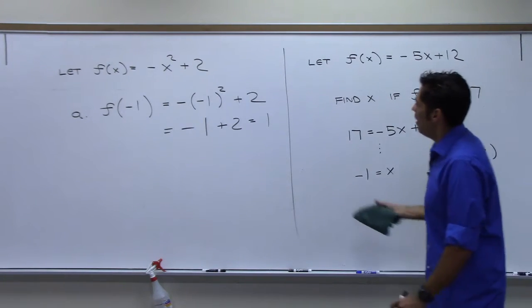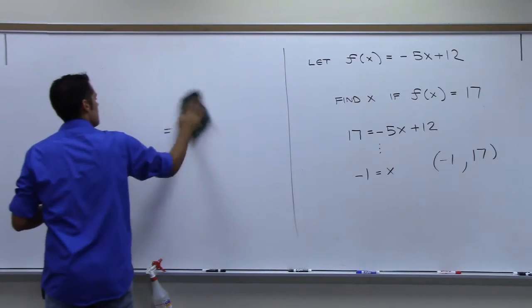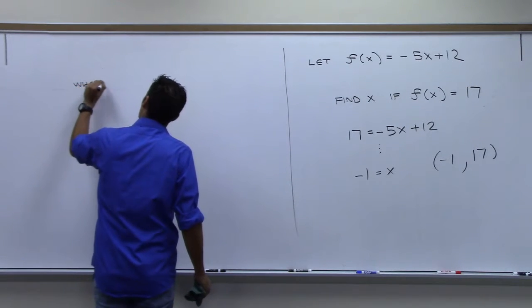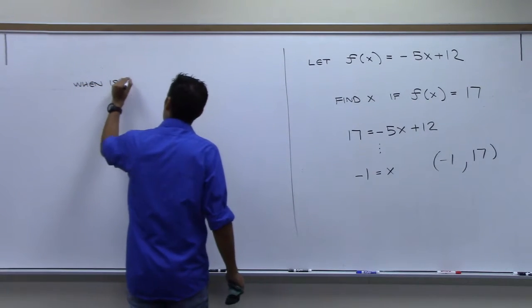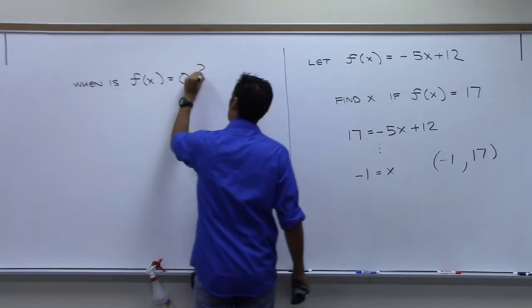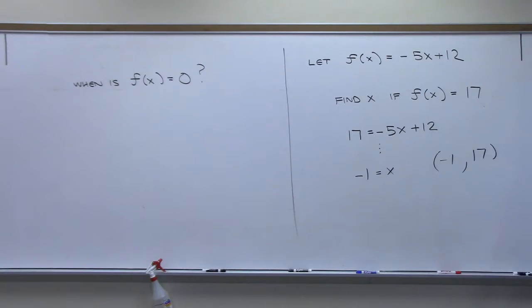What if you were to say, let's continue that same problem over there. When is f of x equal to 0? When is the function equal to 0? So what do you do?